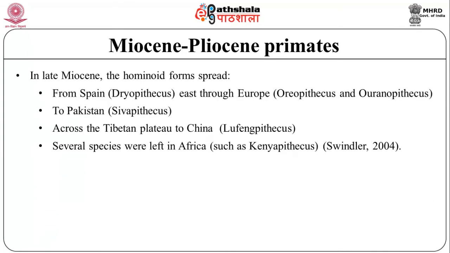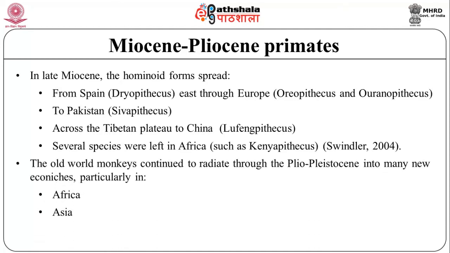In the late Miocene, the hominoid forms spread from Spain, Ramapithecus, east through Europe, Oreopithecus and Pliopithecus, to Pakistan, across the Tibetan Plateau to China, that is called Lufengpithecus, and several species were left in Africa such as Kenyapithecus. The Old World monkeys continued to radiate through the Pleistocene into many new ecological niches, particularly in Africa and Asia.